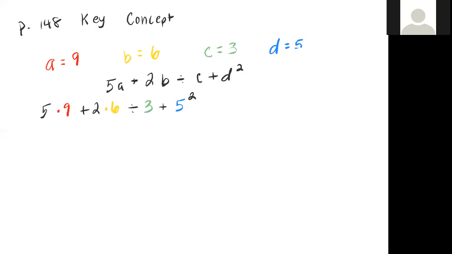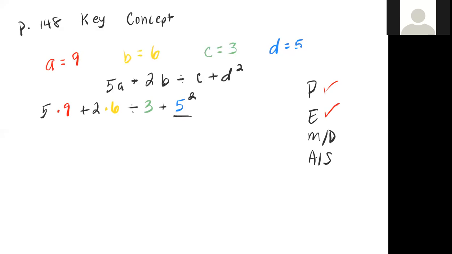All right, something the book just skips over is solving this using our order of operations. I think this is a good review from something we covered earlier in the year. So starting with parentheses, I don't have any parentheses, so I can skip that step. Next, let's see if we have exponents. We do, so we're going to solve 5 to the second power first.